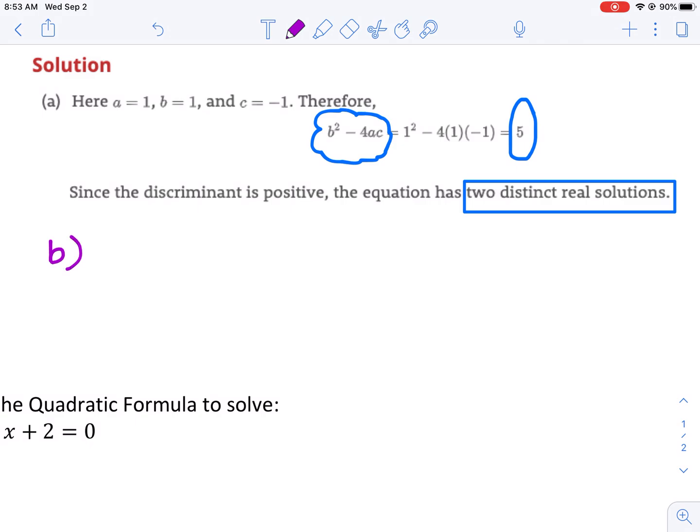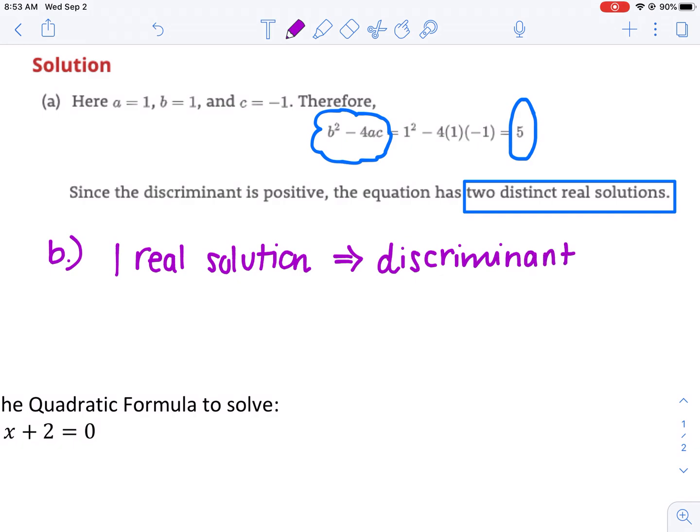I'm told I need one real root, or one real solution. So I'm telling myself the discriminant has to equal 0.